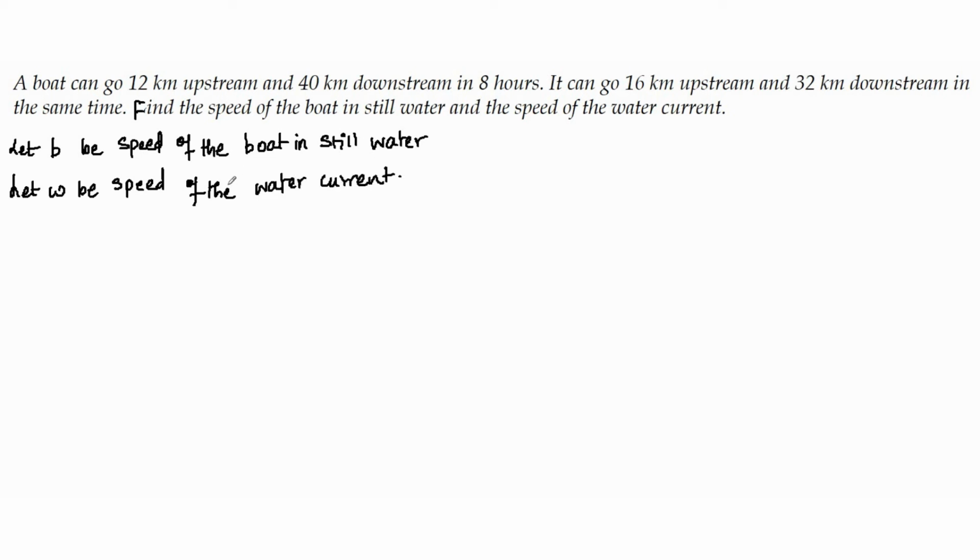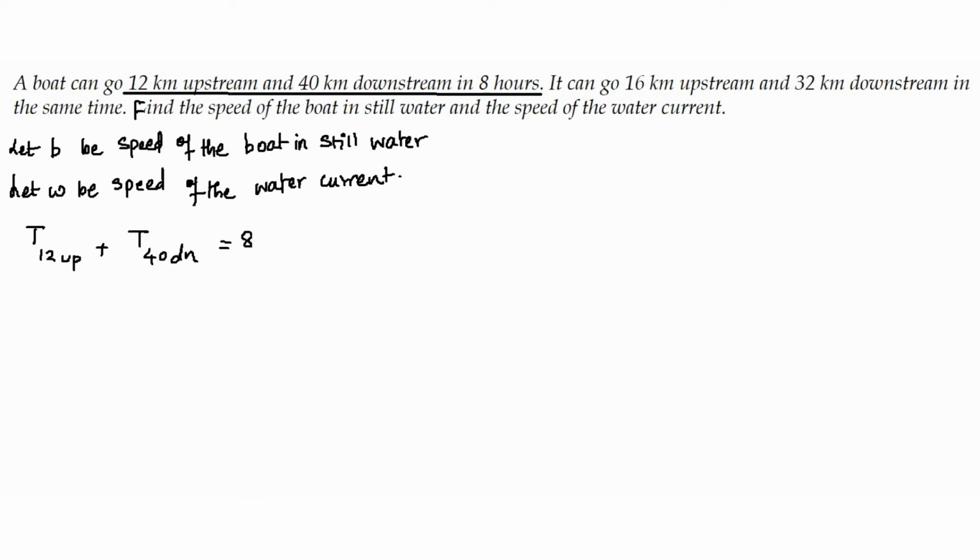So now what I'm going to do is, let's note down the important parts. 12 kilometers upstream and 40 kilometers downstream in 8 hours. So that means time taken to go 12 kilometers upstream plus time taken to go 40 kilometers downstream. This total time is 8 hours.